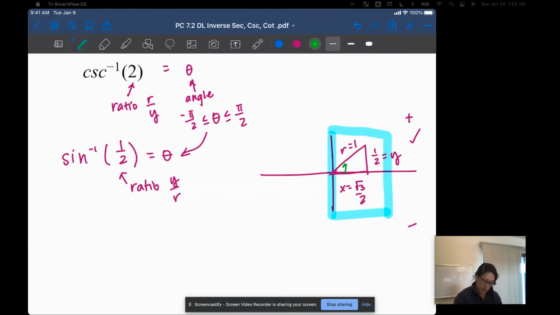So the reference angle and the angle are both pi/6, since that's across from the y length of 1/2. So then I'd have my answer. The angle that gives me a sine ratio of 1/2 is pi/6.